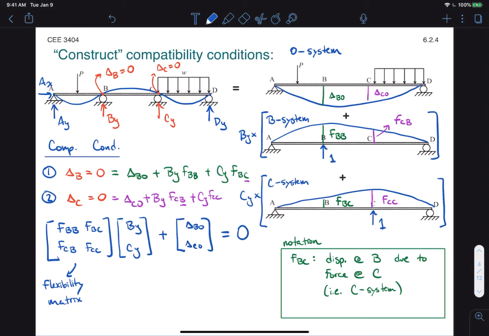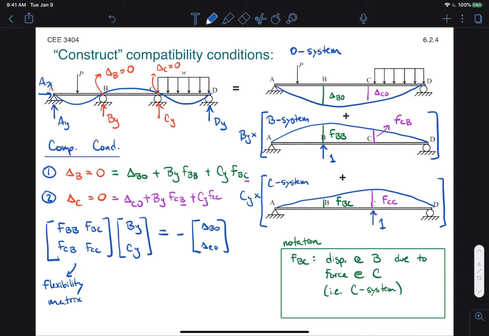Okay, or rearranging this, right, moving the big delta matrix to the right side, we get a better form of this equation, which is the flexibility matrix times reactions is equal to negative delta matrix. Okay, this is pretty much in standard linear system format, which means we can apply rules of linear algebra here to solve it.